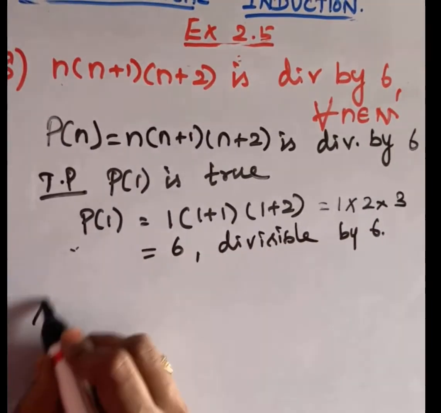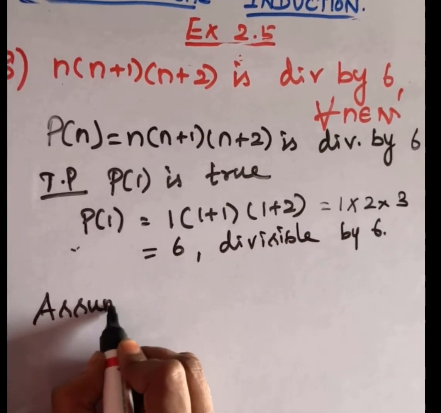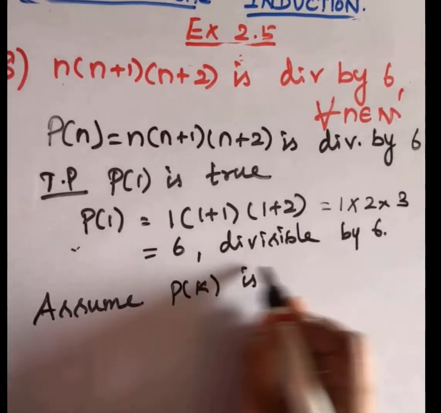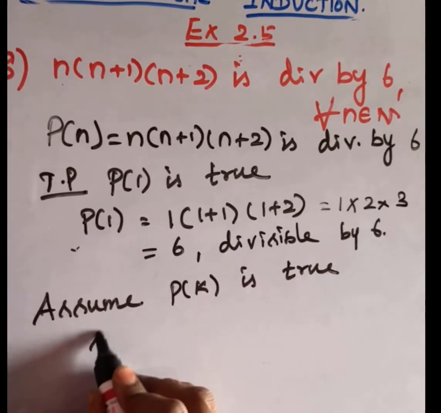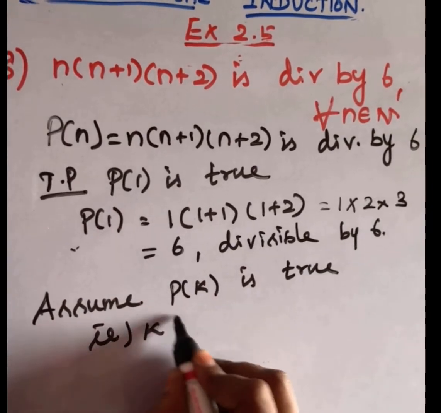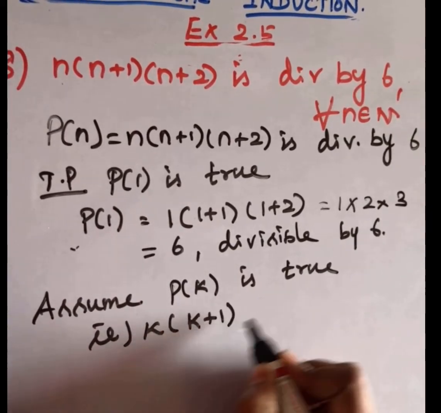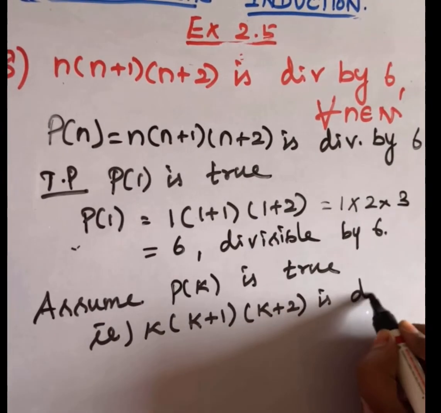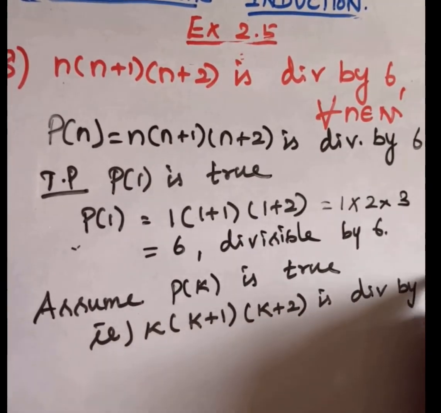Now we have to assume p of k is true. That is k into k plus 1 into k plus 2 is divisible by 6.